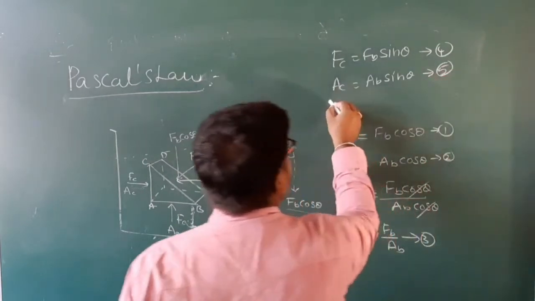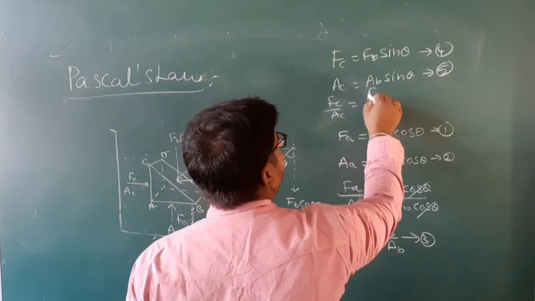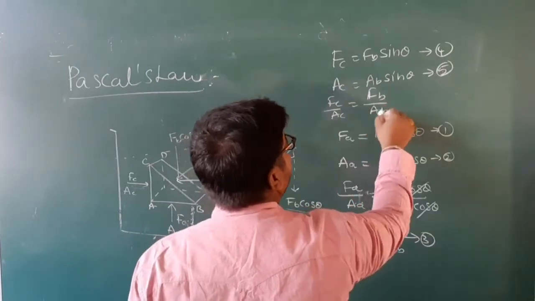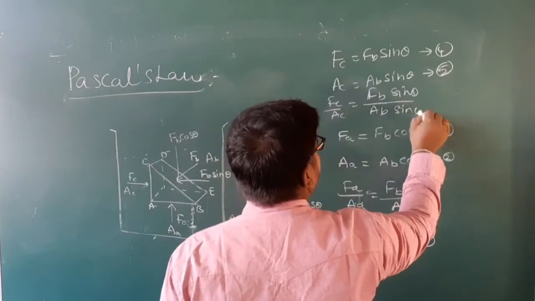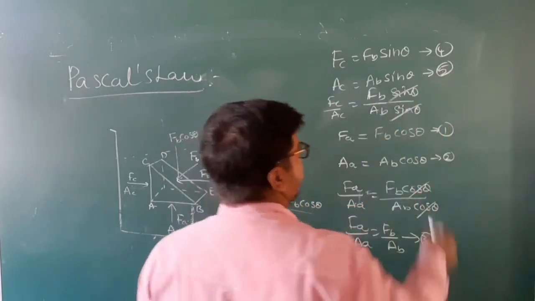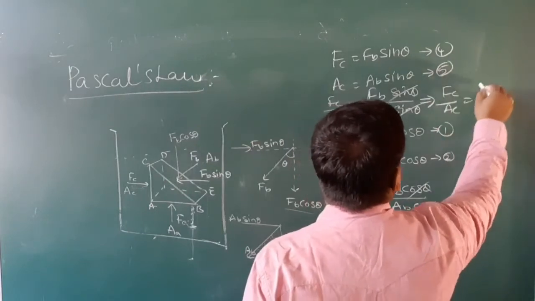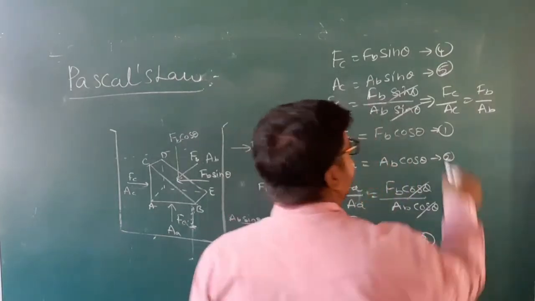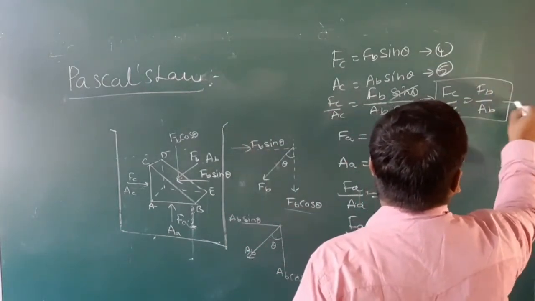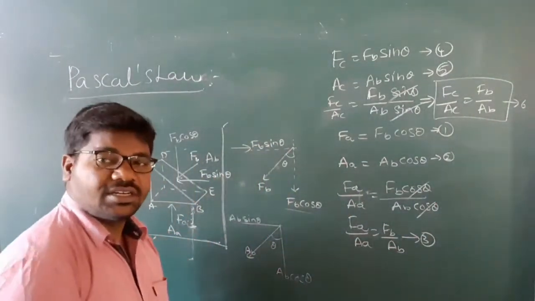From 4 and 5, FC by AC is equal to FB sin theta by AB sin theta. Sin theta gets cancelled, so FC by AC is equal to FB by AB. This is equation 6. Understand, my children?